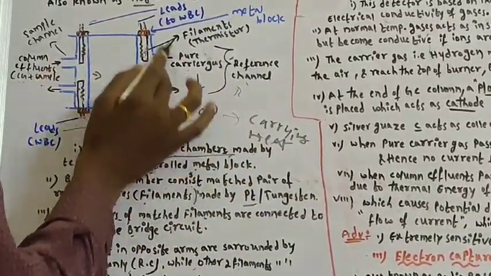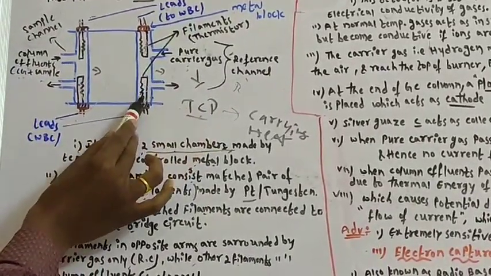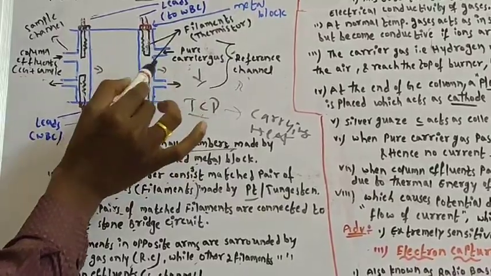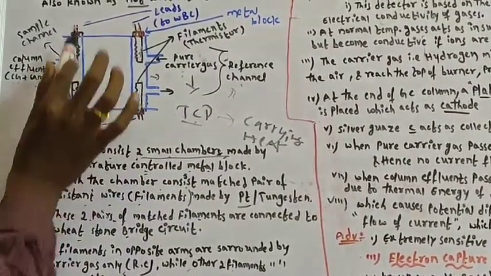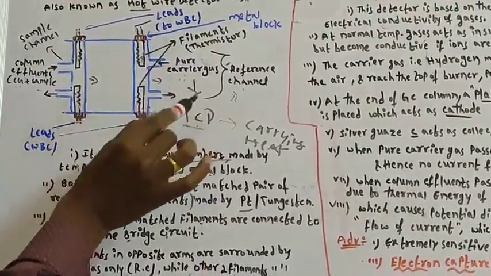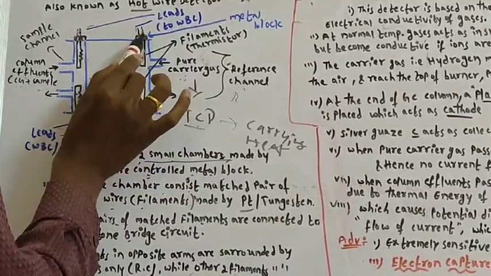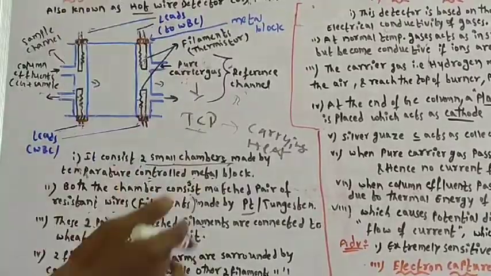When pure carrier gas passes through the filaments, it transfers the heat from the filament to the metal plug, because the carrier gas has high thermal conductivity.